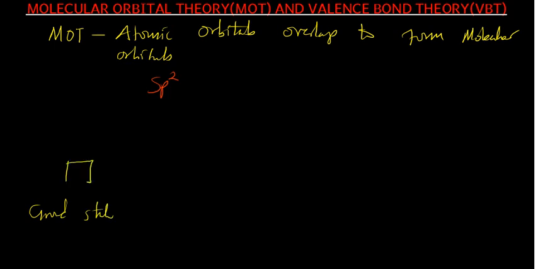It has the 1s having 2 electrons, and then the 2s also having 2 electrons. Notice that they have different spins. And then we have the 2p, which has 3 suborbitals having only 2 electrons.